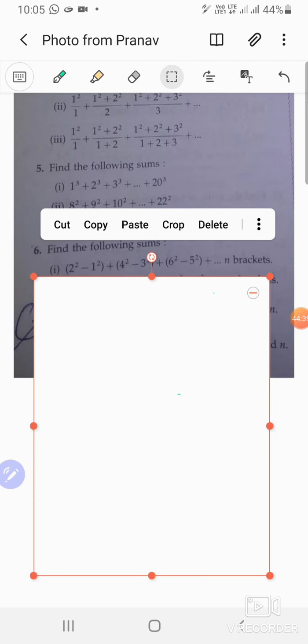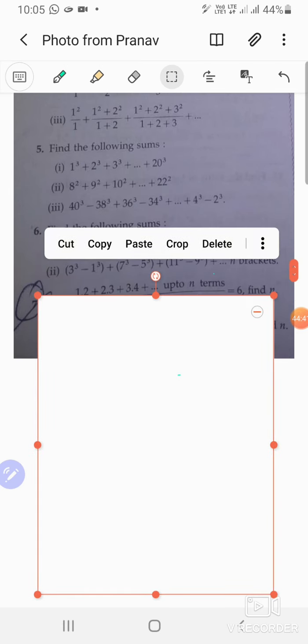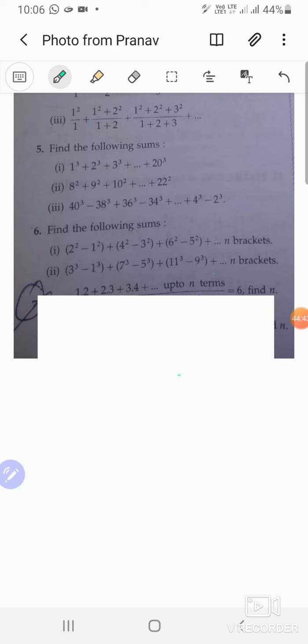So the next question is, find the following sums. Yeah, we have been doing that the whole time. So 2 squared minus 1 squared plus 4 squared minus 3 squared plus 6 squared minus 5 squared plus, you got n brackets, right? So just find the general term of each of them.